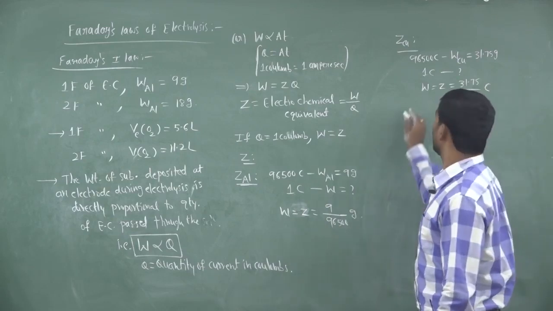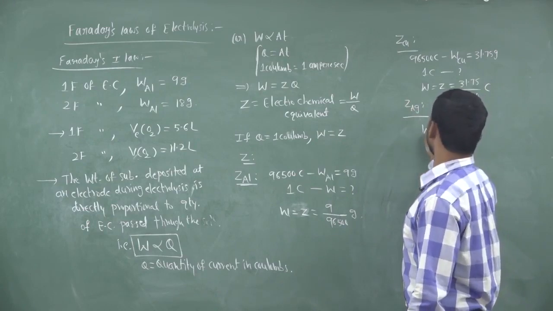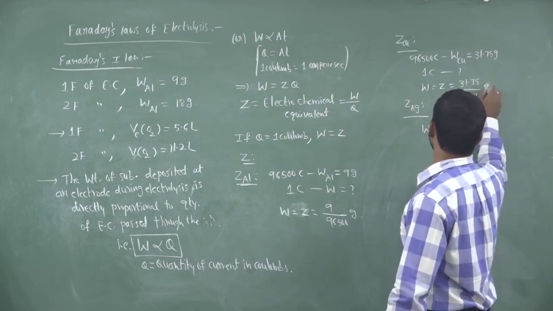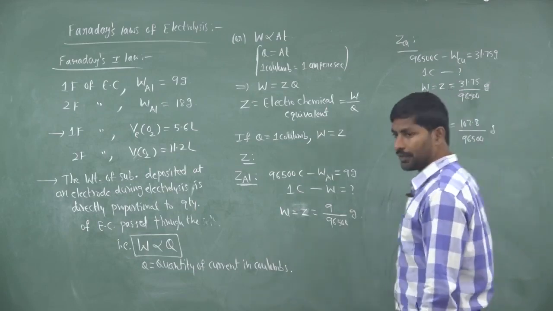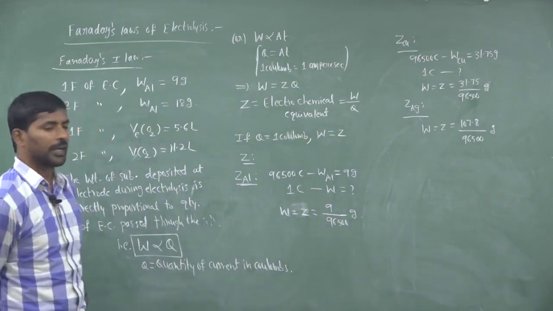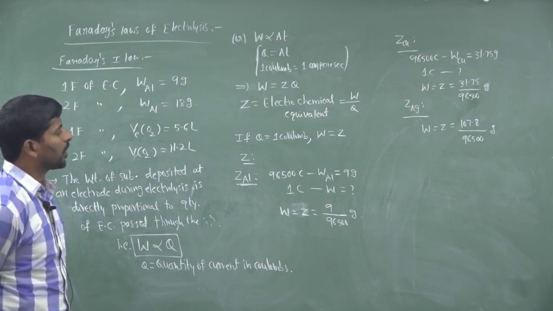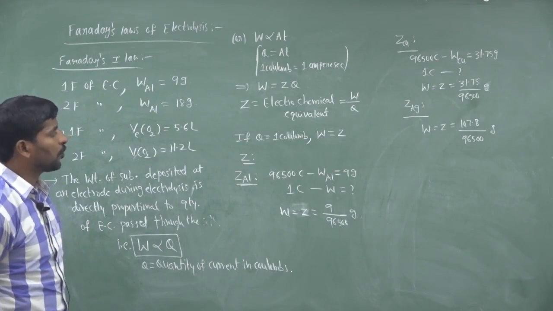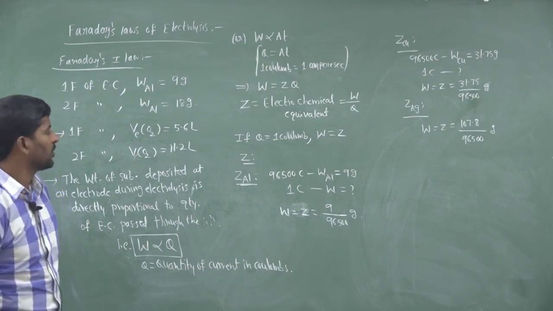What is the electrochemical equivalent for silver? Directly I am writing, 107.8 by 96,500 grams. That is the weight of silver deposited if you pass 1 coulomb of electric current. For 96,500 coulombs, 108 grams of silver will be deposited. Then for 1 coulomb, nearly 108 by 96,500 grams of silver will be deposited.